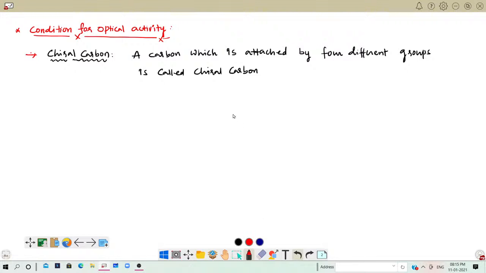Suppose you write it like this. Suppose there are four different groups, so I can attach here chlorine, bromine, iodine, and hydrogen. Right? Therefore, how many chiral carbons are there?